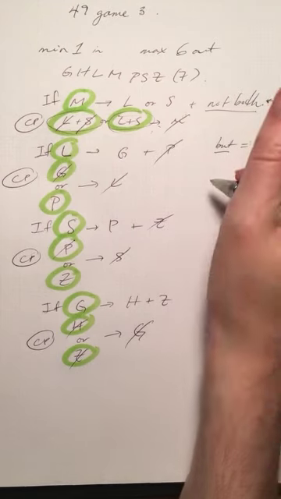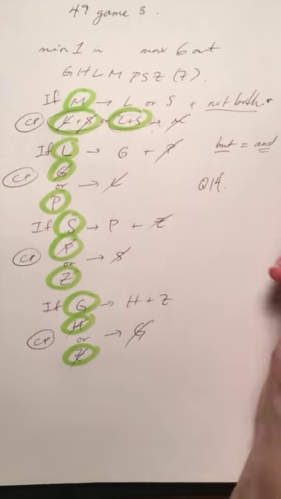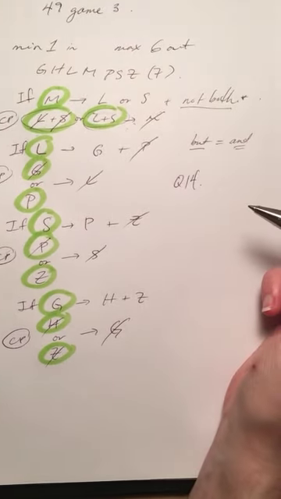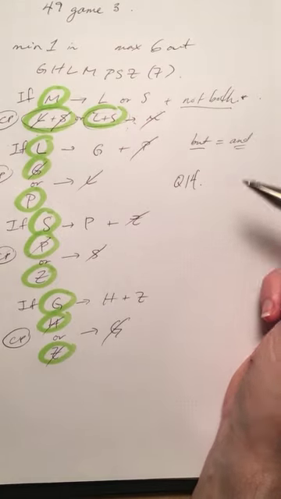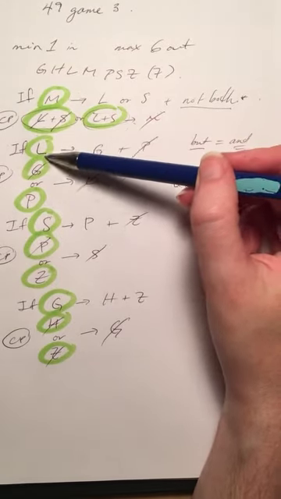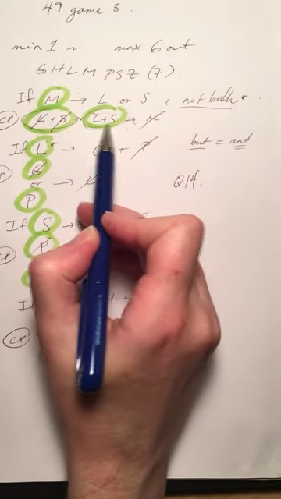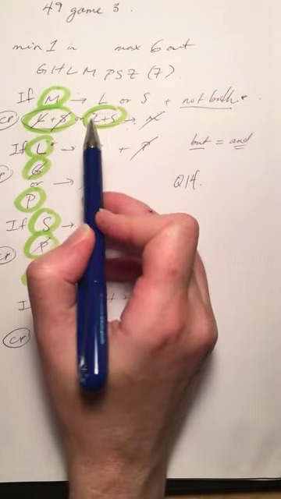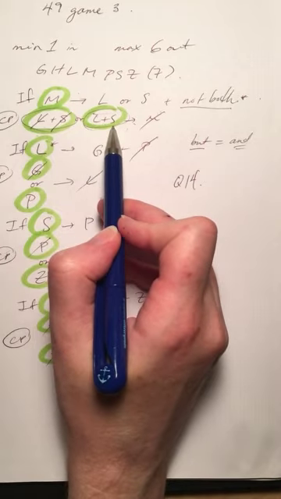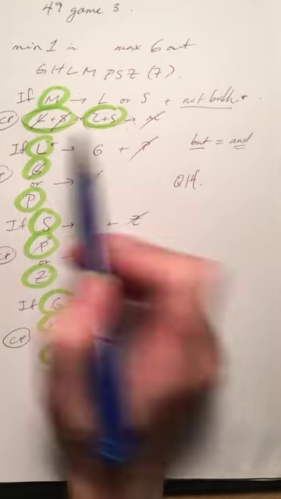Okay, question 14. So if the summer program offers literature, where is that a trigger? Here. I'm just going to note that we can't say that this is triggered at that point because we would have to know that both L and S are in, and we just know that L is in.